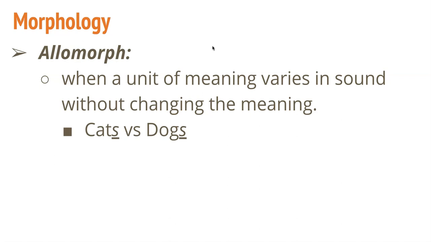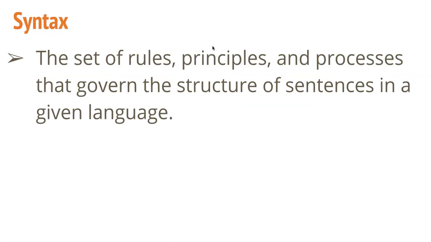Whereas in dogs, because the g is voiced, we voice the z at the end of that. Dogs. So it's a different sound, but it doesn't change the meaning, right? That plural s, it doesn't matter how you pronounce it or what phoneme it is, it still has meaning.